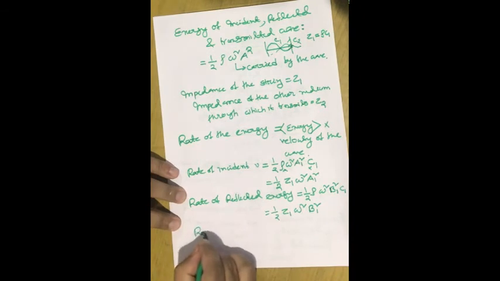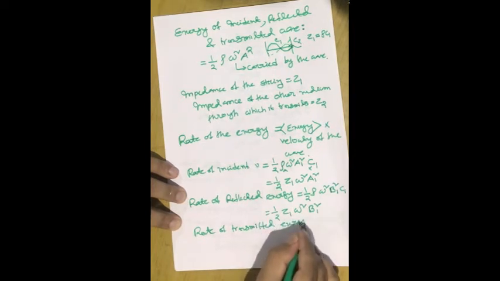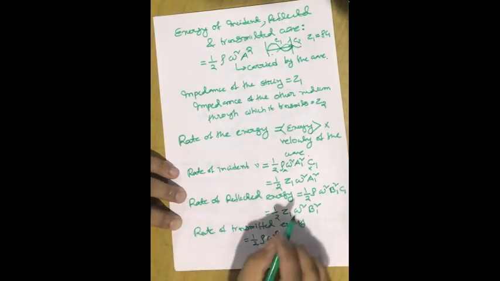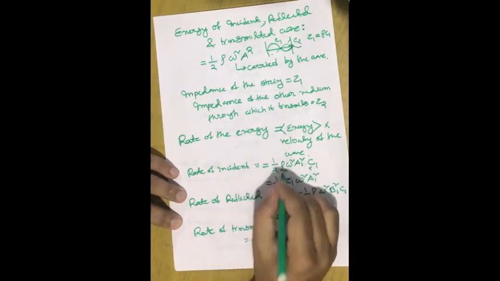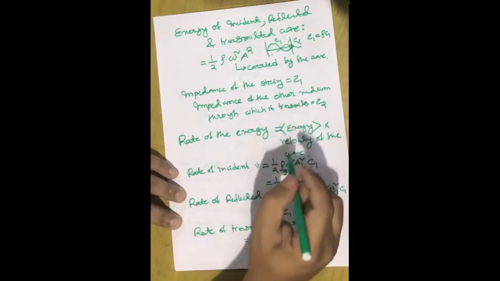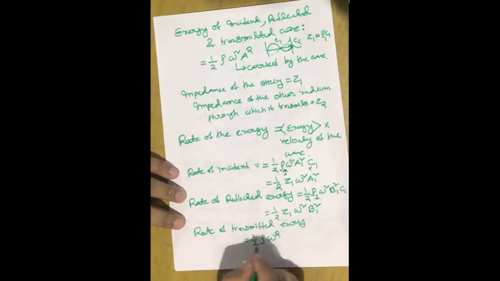Then the rate of transmitted energy is equal to half rho omega square. In this case, let me write this as rho 1, and we put that Z1 is equal to rho 1 into C1. For the rate of transmitted energy, the other part of the medium has a mass density equal to rho 2.